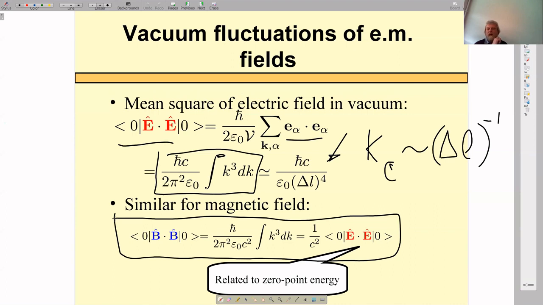Let me explain it now. There is energy of the electromagnetic field, the energy density, which I believe we called U. That was proportional to E squared, and it also has a term proportional to B squared, like the energy accumulated in a capacitor and the energy accumulated in an inductance.